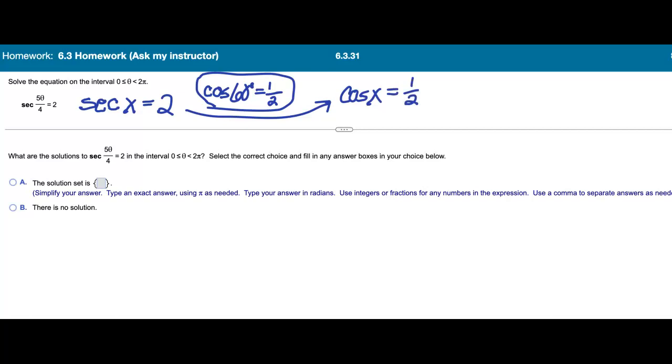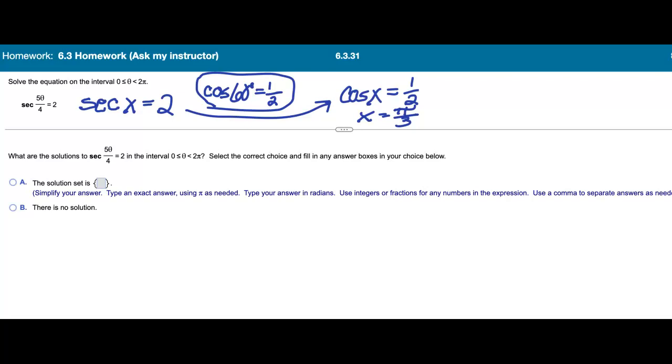And then just looking at the first quadrant of our unit circle, where does the cosine of an angle equal 1/2? Well, that's at 60 degrees. But everything here is in terms of radians, so let's write that in terms of radians. So the cosine of pi over 3 is equal to 1/2, because pi over 3 equals 60 degrees.